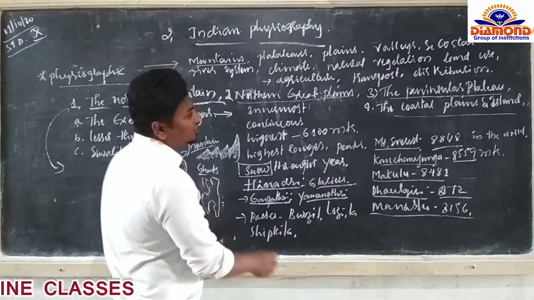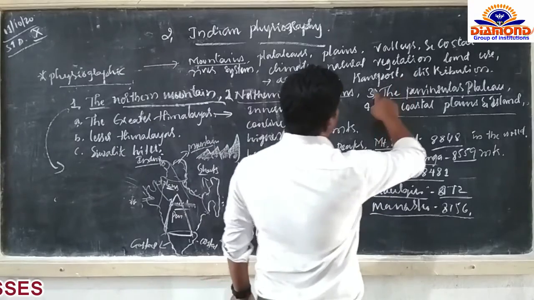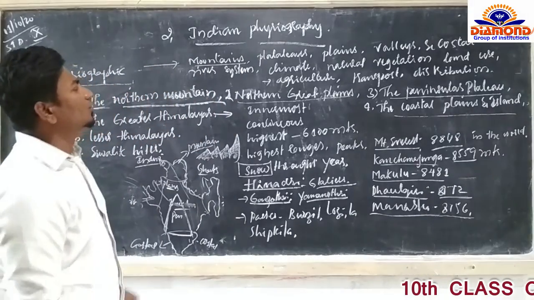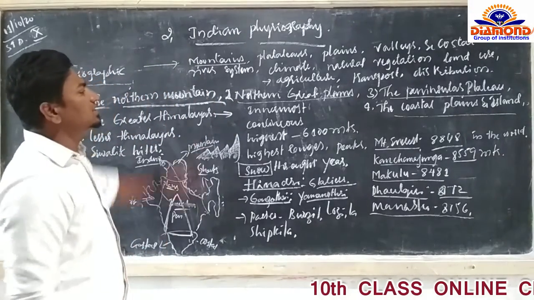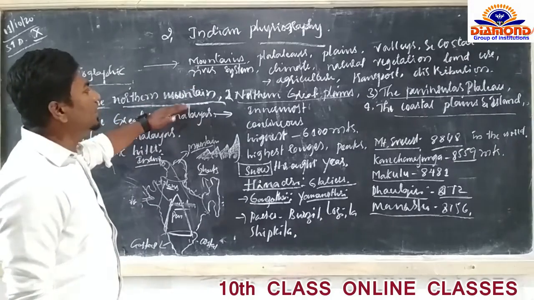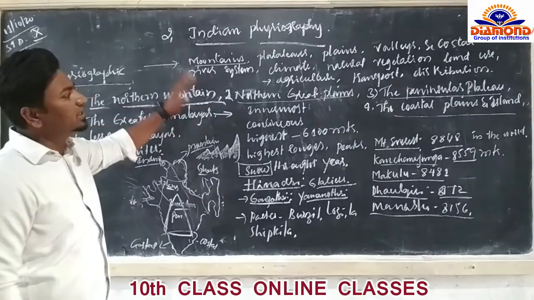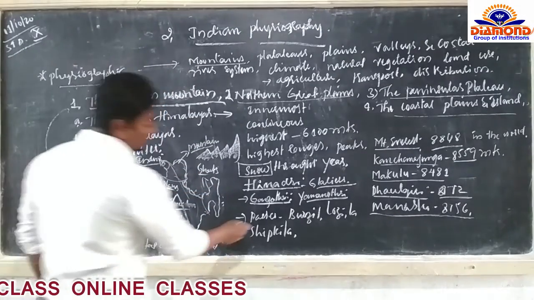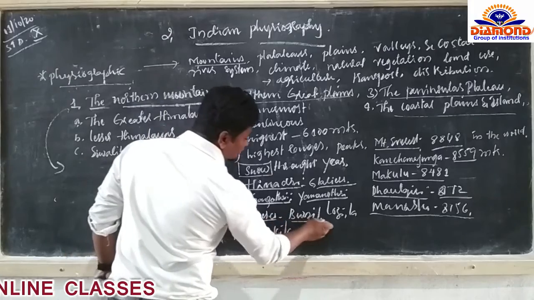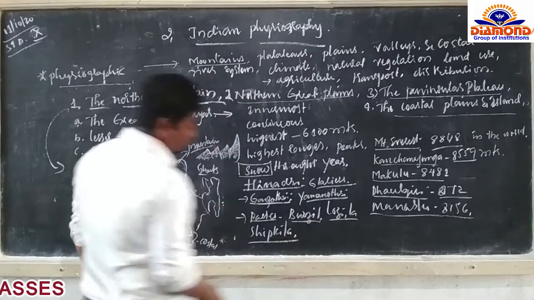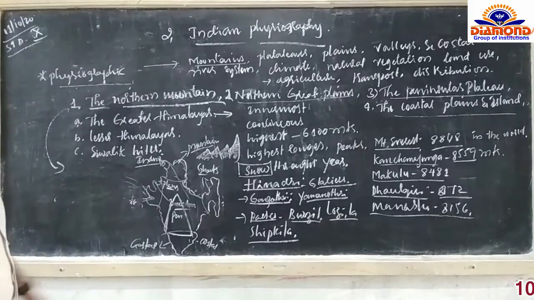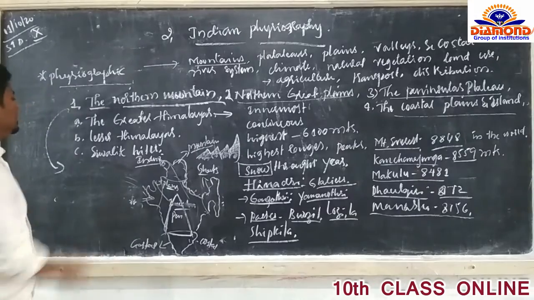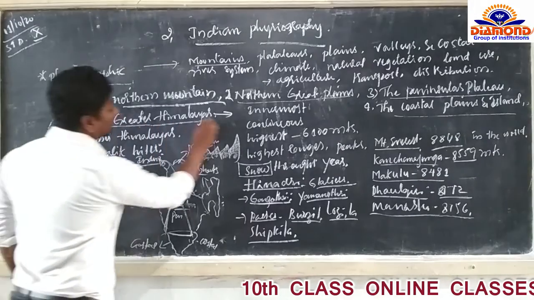There are many passes in the Greater Himalaya, the northern mountains in Indian physiography. These passes are Burzil, Nozila and Shipkila. This is known as the Greater Himalaya.